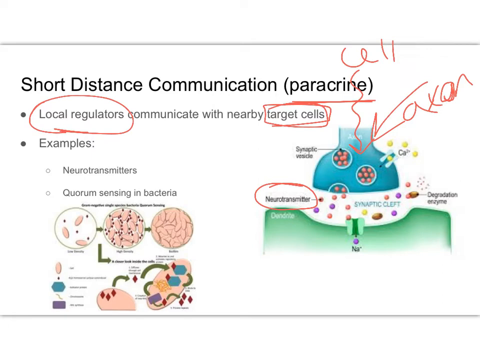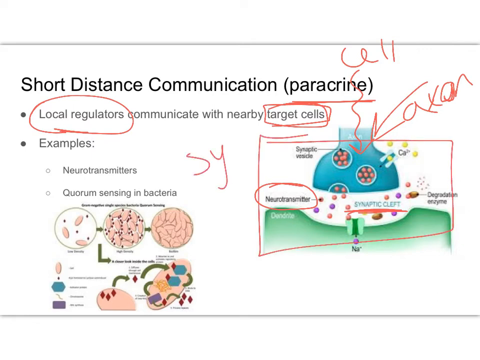And the neurotransmitter is going to travel across this little space. The space here is called the synaptic cleft. This whole thing here is a synapse. And so the synaptic cleft is the little space between the neuron and the target cell. Again, muscle cell, another neuron, whatever it may be.